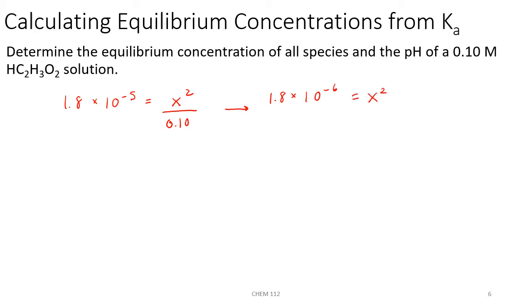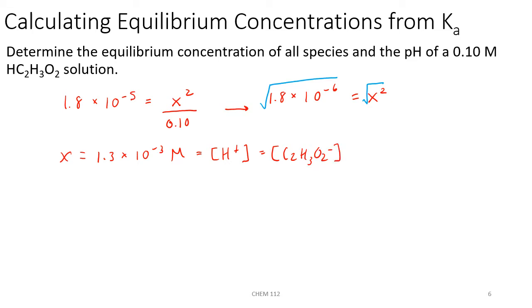So next we have to take the square root of both sides to figure out what X is. So we should get X is equal to about 1.3 times 10 to the negative 3rd. And that concentration is molarity, and that's equal to our hydrogen ion concentration, and X was also equal to our acetate anion concentration.